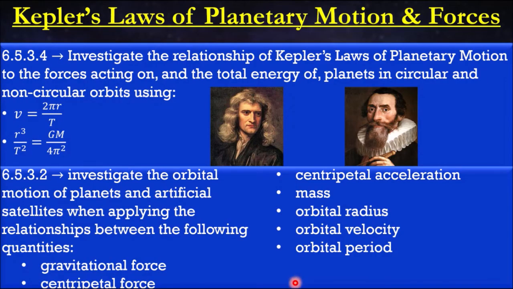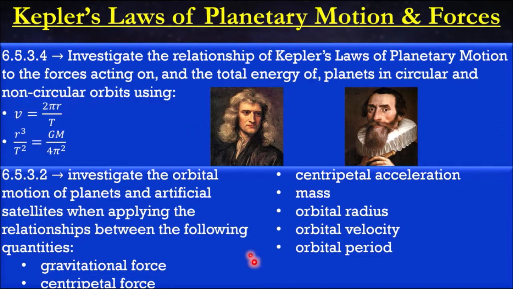Okay, so the second part of this lesson, we're looking back at Kepler's law of planetary motion, but since we've been focusing on circular orbits, we're also going to look at non-circular orbits, and see what changes to the total energy of the system, depending on if the orbit is circular or maybe elliptical, because an ellipse would be non-circular motion.